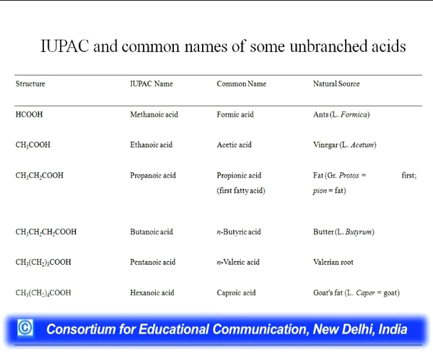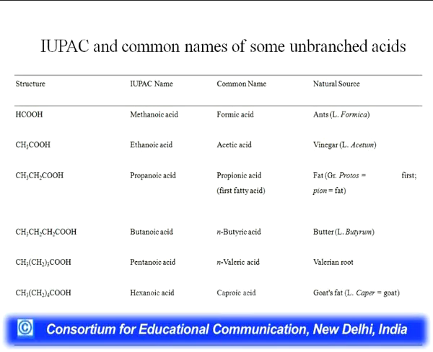Next one is CH3CH2COOH, propanoic acid, common name propionic acid, and it is also the first fatty acid. It is derived from fat, the name from protos, pion meaning fat.